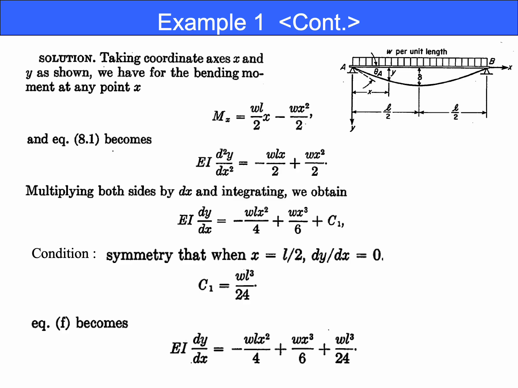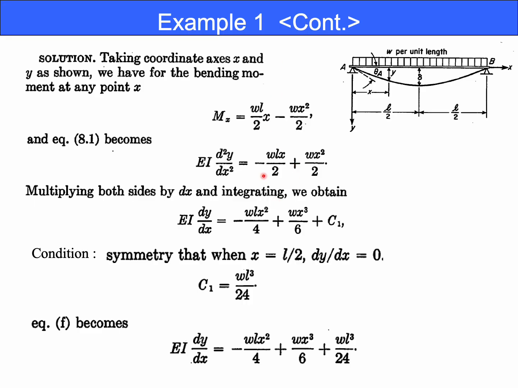Now we write the bending moment at point x. The slide gives M of x equals wL over 2 times x minus w x squared over 2. This is a very simple example to obtain the bending moment.